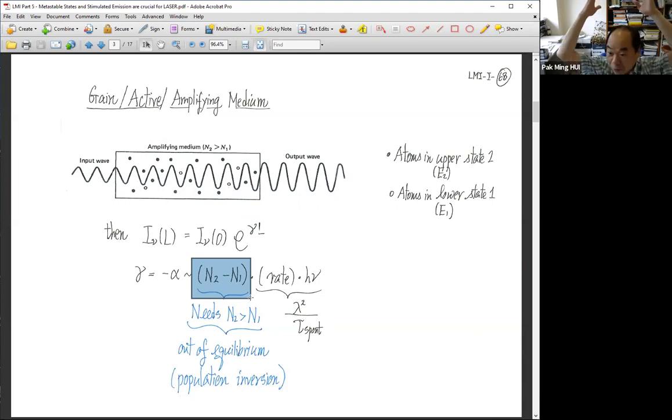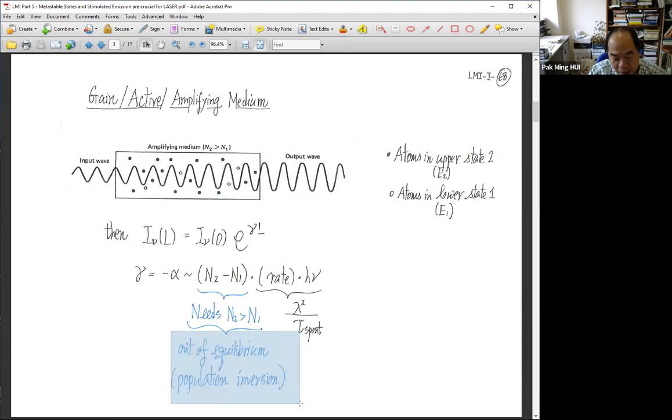You cannot put it into a big heat bath, more energy in, more will be excited. The most you can get is N2 approaches N1, okay? Therefore, you need something cleverer to put more atoms in level 2 than in level 1.